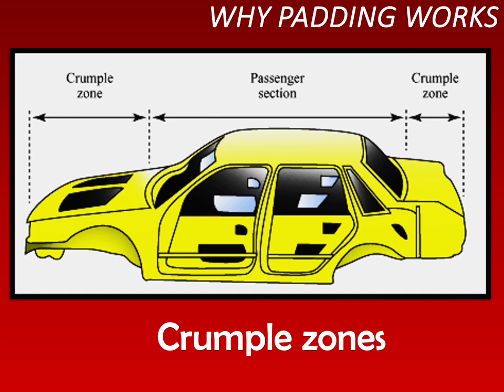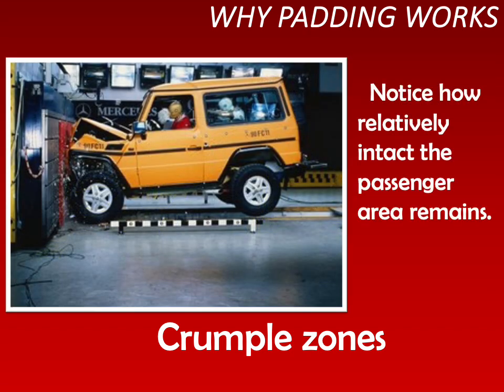It used to be that cars were just built to be sturdy and not to bend. That was what was thought to be good, make it strong. Modern cars are designed to crush in all the places where the people aren't. So during crash testing, you look at how much that front end of this vehicle is crushing, but the passenger compartment is staying pretty intact.